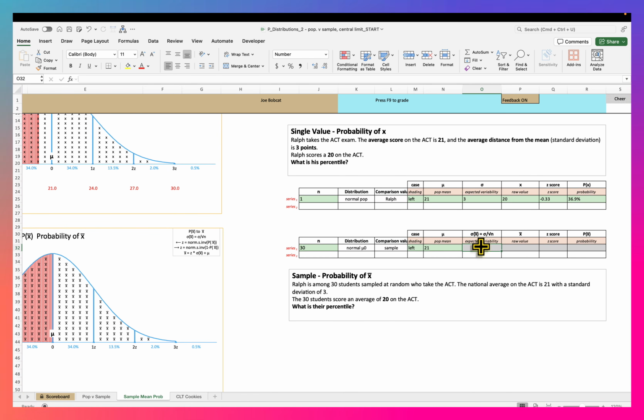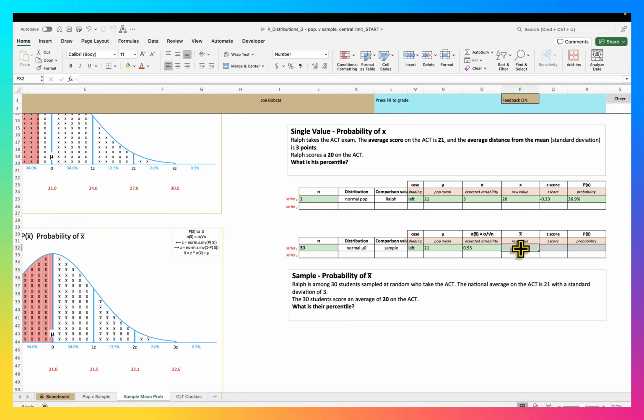We take sigma, which is 3, divided by the square root of n, which is here 30. So we get a much lower expected variability. Because before it was 3, now it's like 1/2.